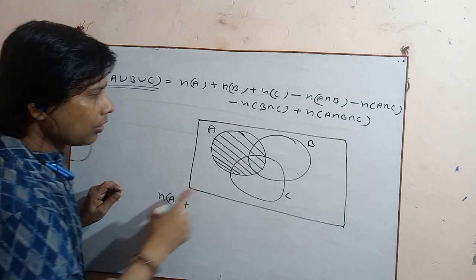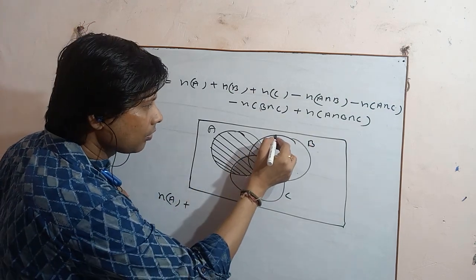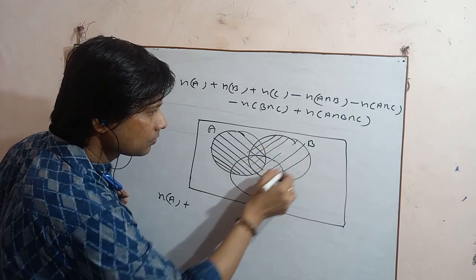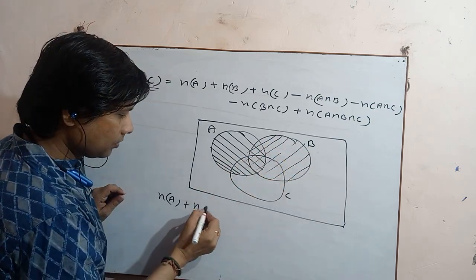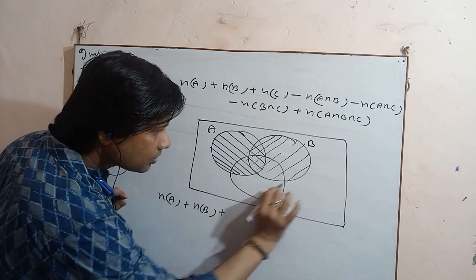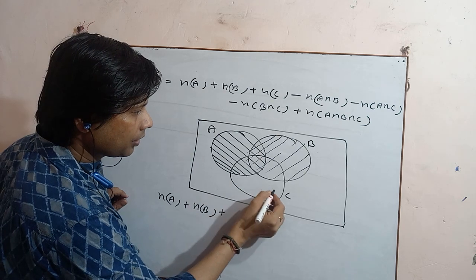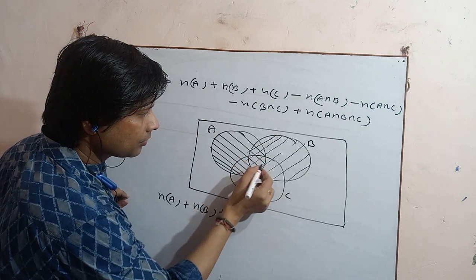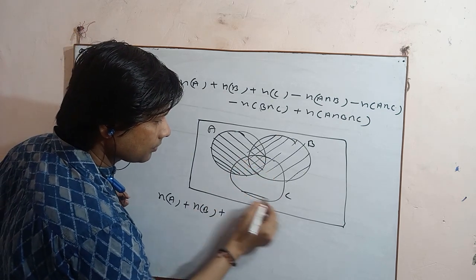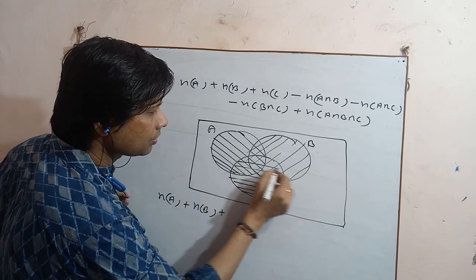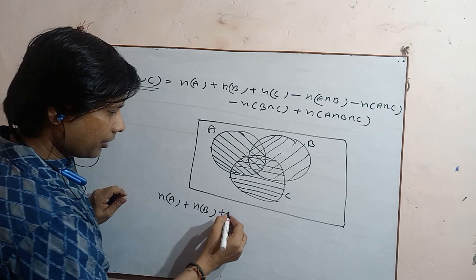Then I am adding all B, so all B I have taken. Then I am taking all C, so all C I can take like this way. All C I have taken.